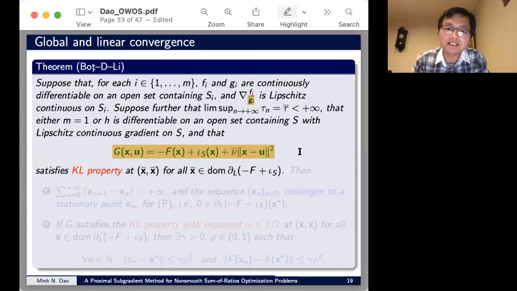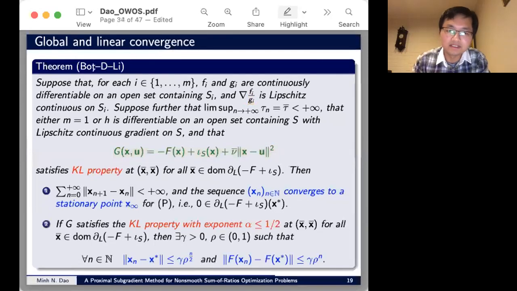And if this merit function satisfies the KL property, then we get the convergence of Xn regardless of the initial point. Here should be X star, sorry. And if the merit function G here satisfies the KL property with exponent alpha less than 1/2, then we get linear convergence.